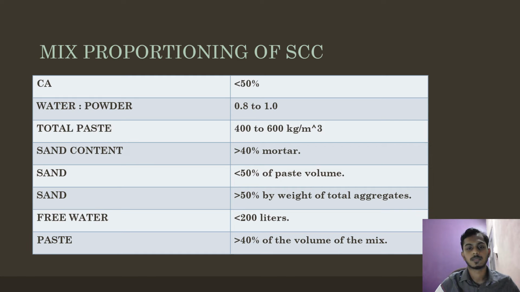Sand content up to 40% of mortar. Sand below 50% of paste volume. Sand up to 50% by weight of total aggregates. Free water below 200 liters. Paste up to 40% of the volume of the mix.